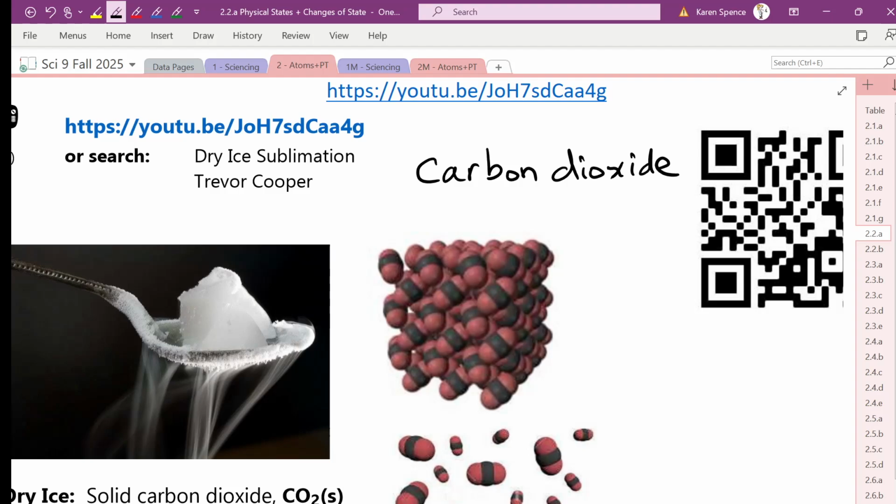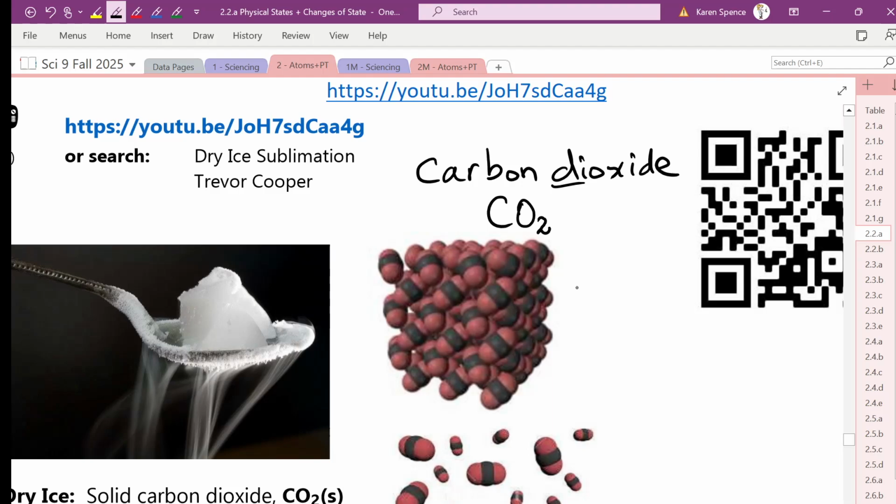What's the symbol for carbon? C. And then we have oxide. What's the symbol for oxygen? O. How many oxygens do you think if we call it dioxide? 2. So it's CO with a little 2 down at the bottom. Okay, so that is carbon dioxide.